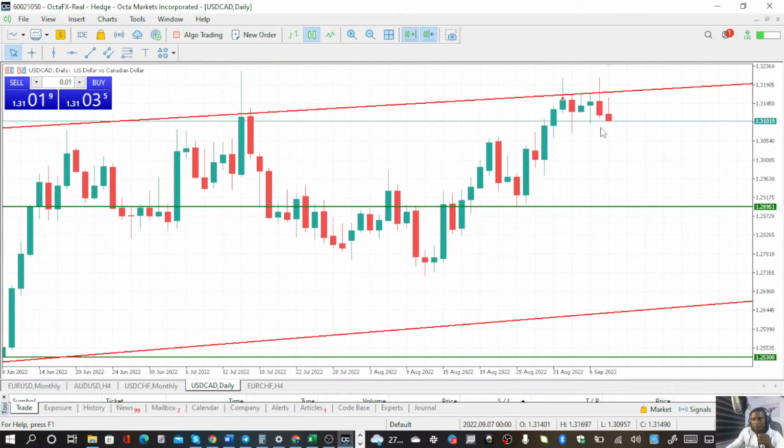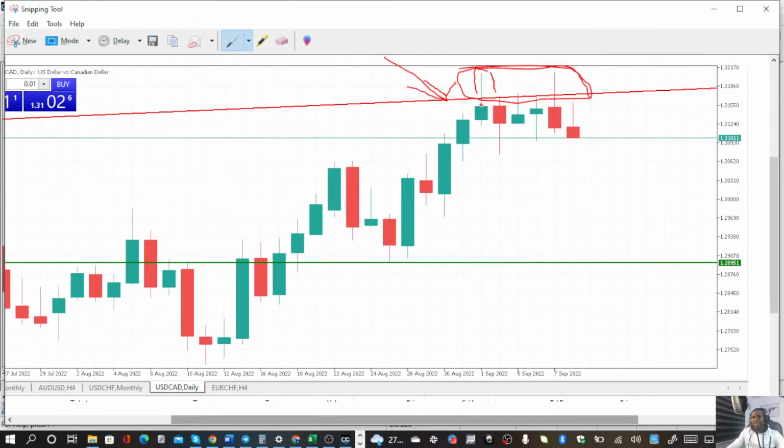Now you can see that price had tested this region and was rejected. This is the resistance zone, the supply zone where price is being dumped.